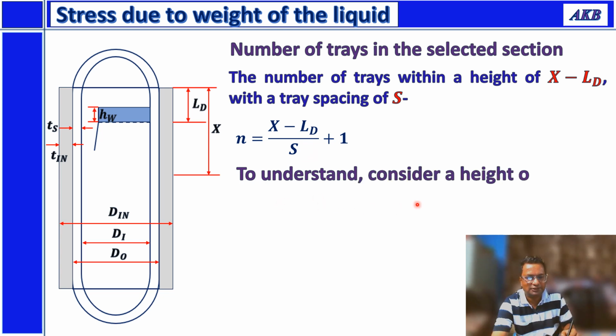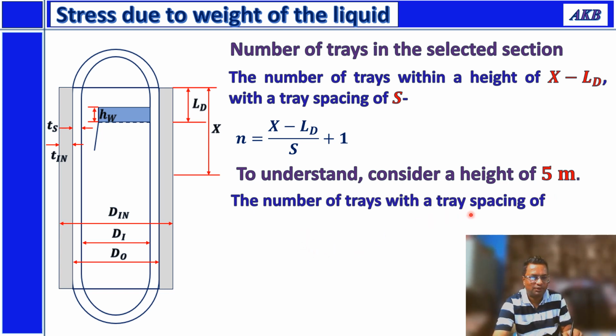To understand this, we will consider a height of 5 meter. Now number of trays with a tray spacing of 1 meter. Let us try to find out what is the number of trays with a tray spacing of 1 meter. So I am showing you the height. So let us start, we have to start at the top. So this is tray number 1.